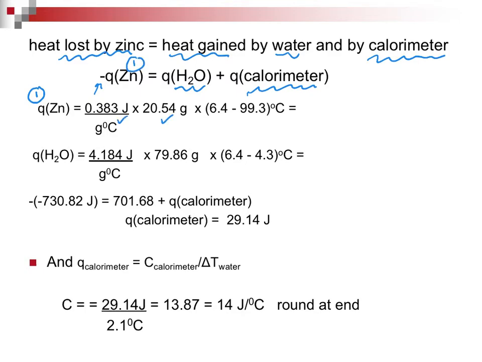Specific heat, mass, temperature change, and in this case, the temperature change is 92.9 degrees centigrade, and it's going to give us a value of negative 730.82 joules.